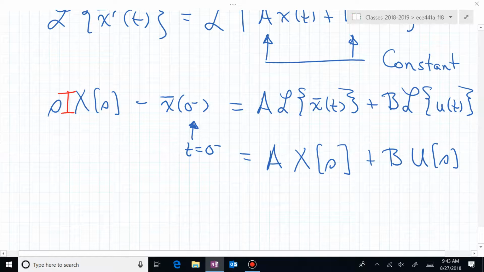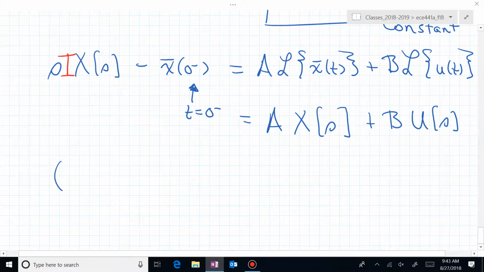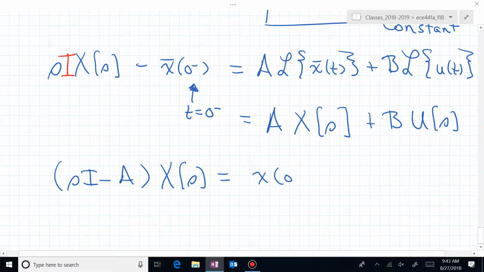But capital X of S is the same as S times an identity matrix times capital X of S. But inserting that I now allows me to combine SI with this matrix A. So that now I have SI minus A, capital X of S, equaling X of 0 plus B U of S.